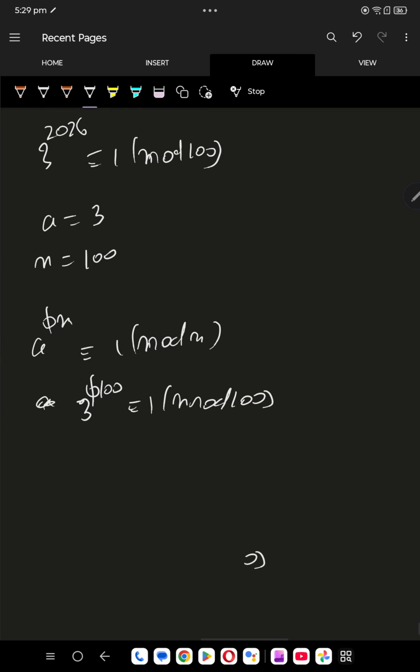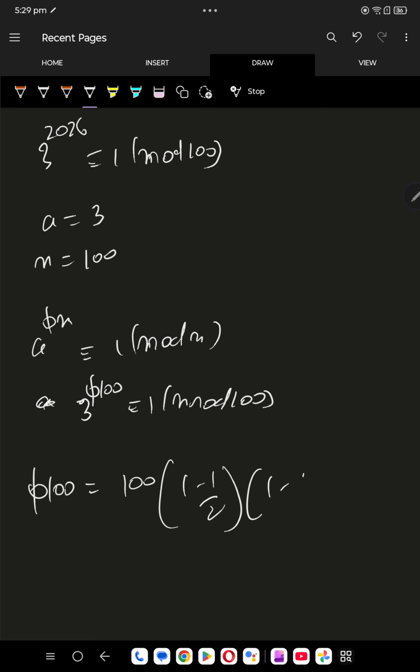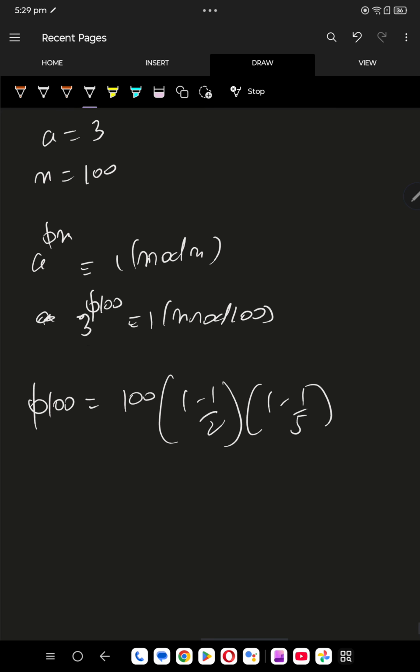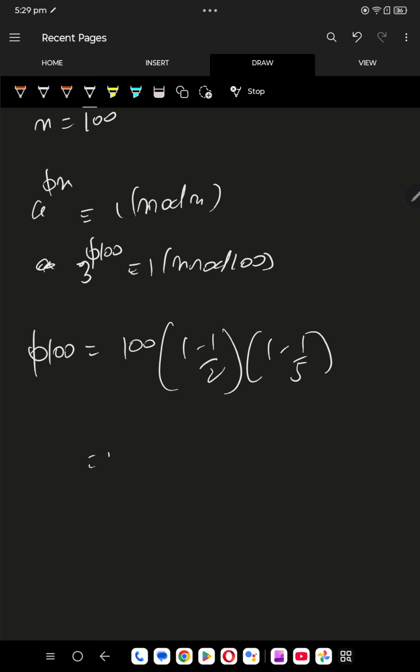We just found φ(100) by taking the primes 2 and 5: 100 into (1 minus 1 by 2) into (1 minus 1 by 5). If you have forgotten, just scroll back a few minutes. So 100 into 1 by 2 into 4 by 5 gives 40. So φ(100) is 40.